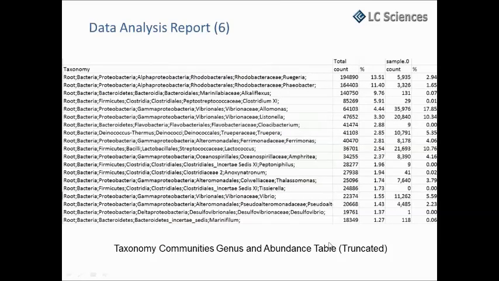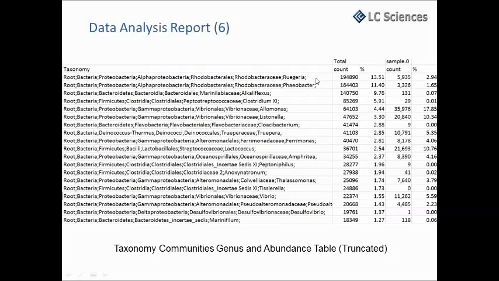And certainly we also provide a long table and a long list of all the genus inside our sequenced samples. This side is a taxonomy. It shows what the phylum, what the class, and what the genus of the sample we identified.